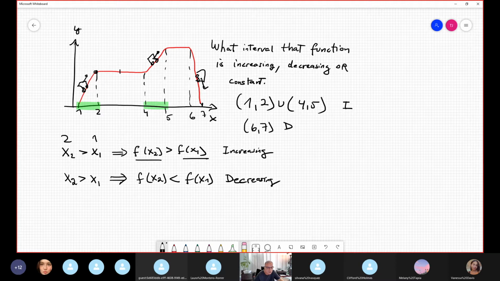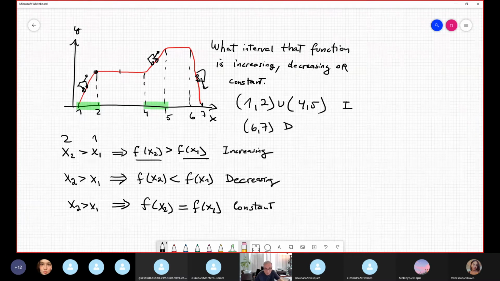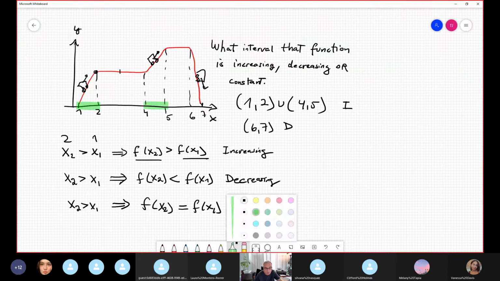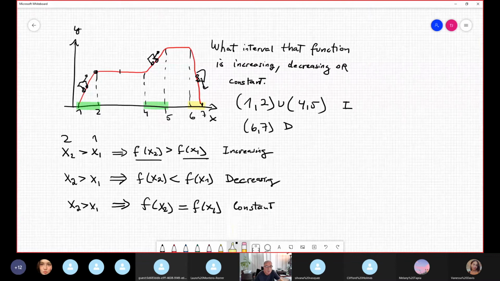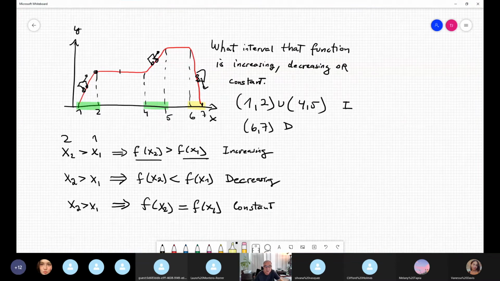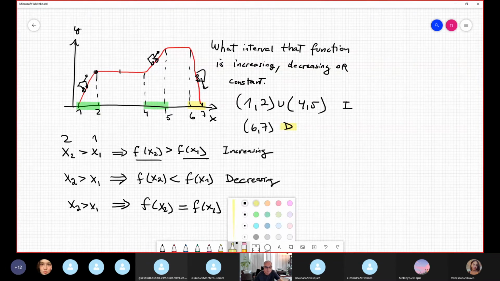Constant is when you pick two values of x and the y stays the same inside the interval, of course. It's constant, and constant represents in this interval a horizontal line. Let me change the color. Decrease in yellow, increase in green.